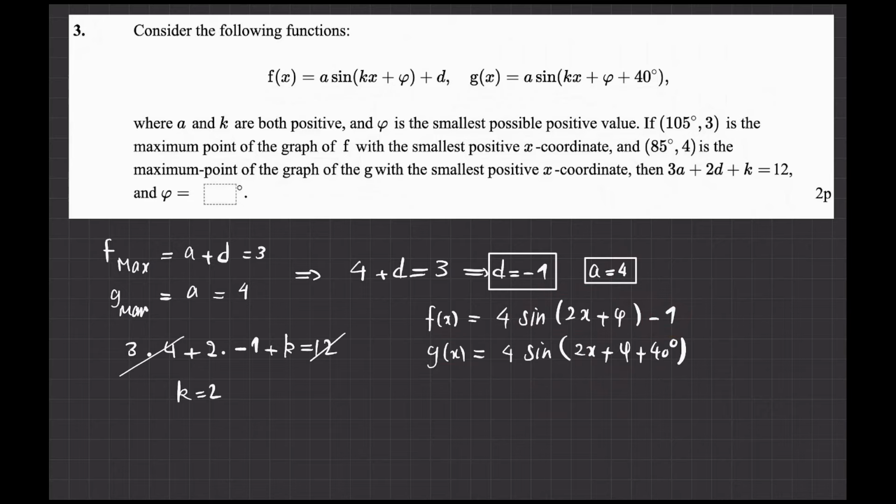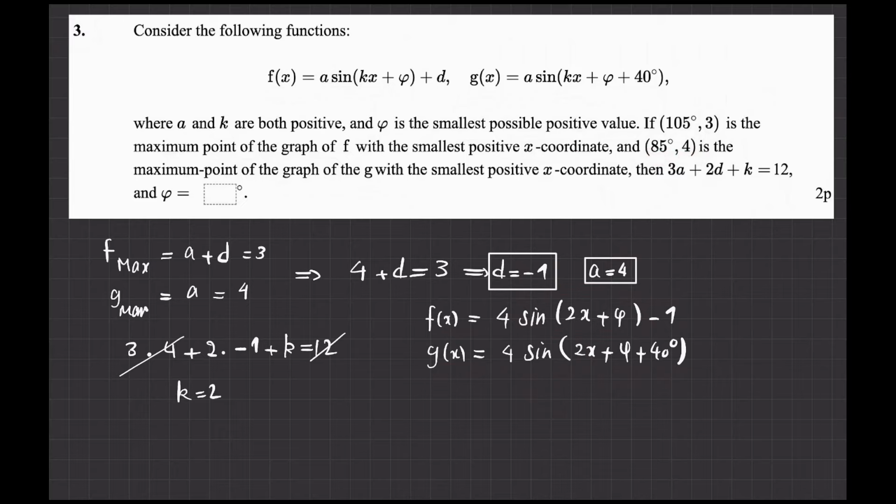Okay, so of course you see that they differ only by 20 degrees, so we cannot use both of them. I mean, they will not give independent equations. So let me use one of them. For example, let me take this one and put it in the function g. The x coordinate is 85 degrees and the y coordinate is 4.